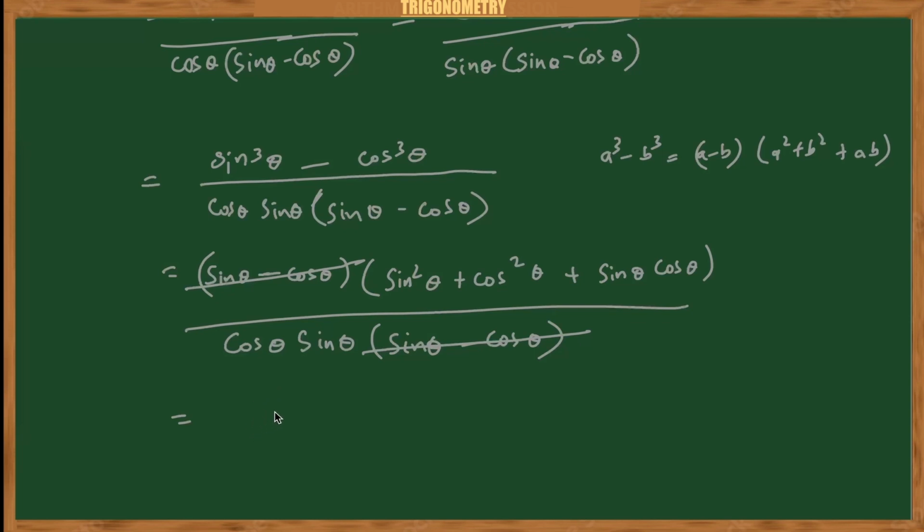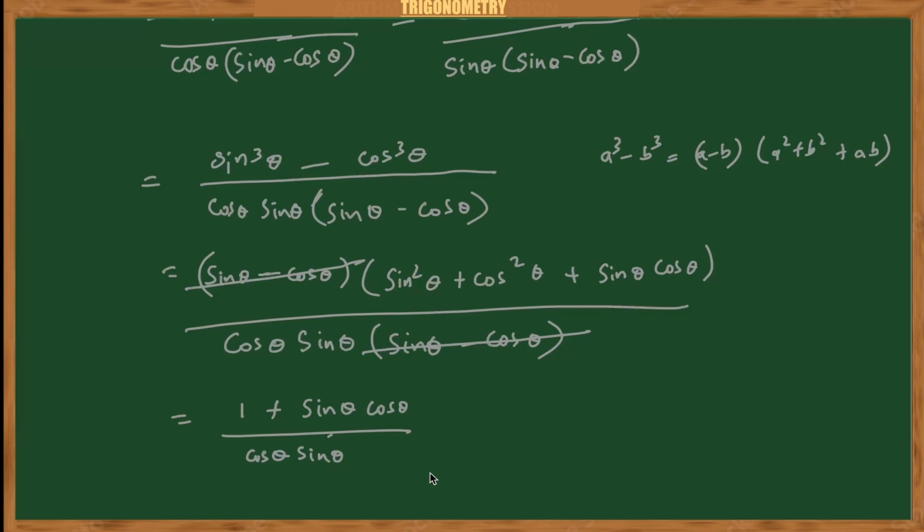Let's see what it becomes. Here you can also utilize the formula sin square theta plus cos square theta is equal to 1. So we can put this 1 plus sin theta into cos theta divided by cos theta into sin theta.